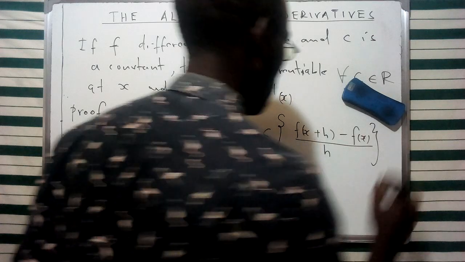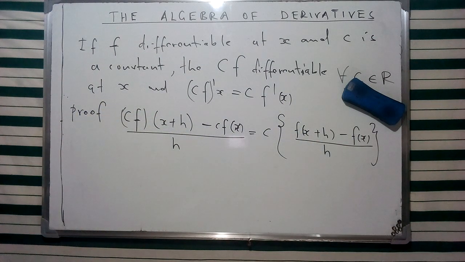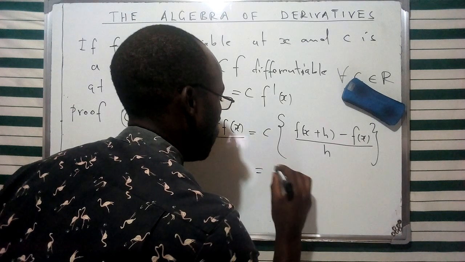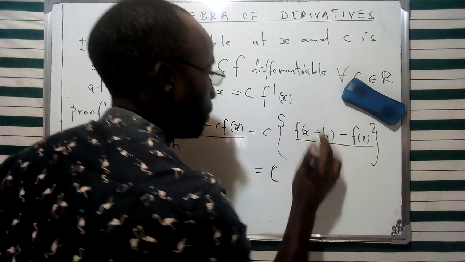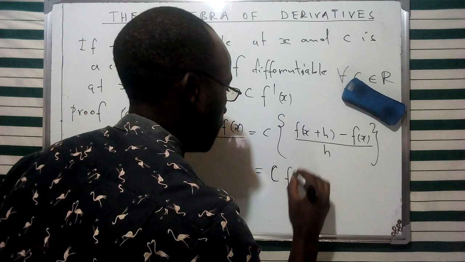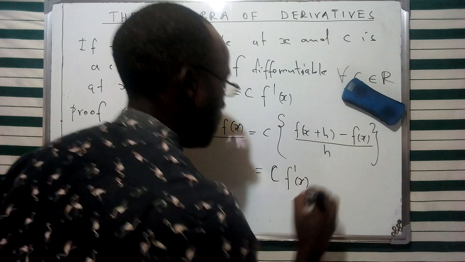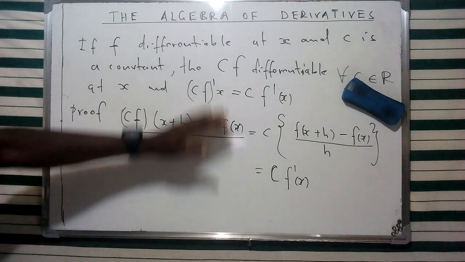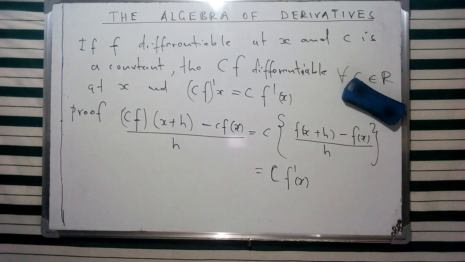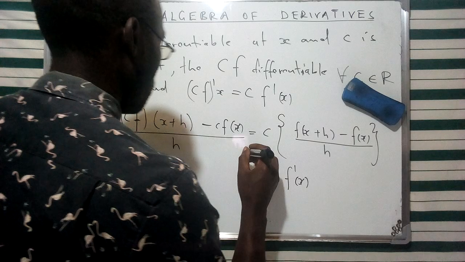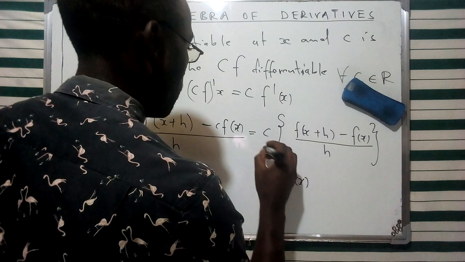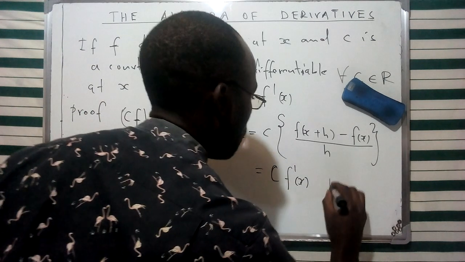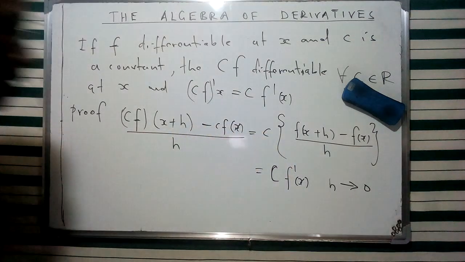All of this is under the constant multiple c, and this implies that this is the product of c and f. So all of this is going to be c f'(x). This basically is the general representation of this specific theorem, as the value of h tends to 0.